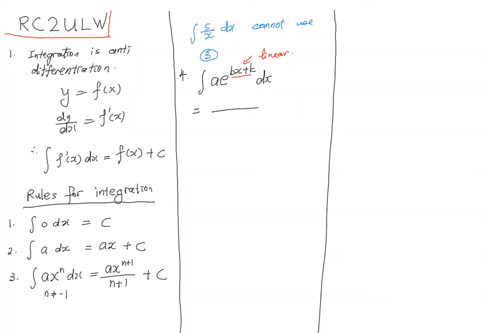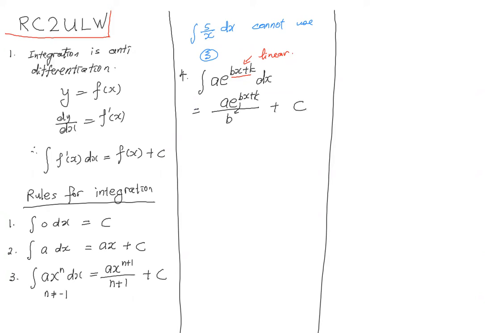Can anyone remember how to get the answer? No one knows. It is a e to the power bx plus k over b plus c. So we have to divide by the coefficient of x, then plus c.